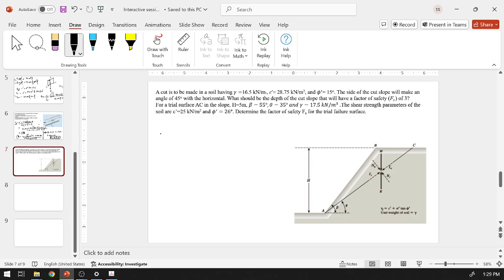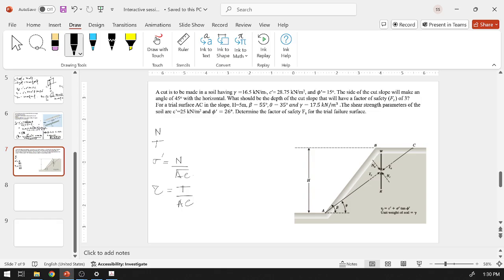Just like in the infinite slope, we calculated the normal component and the tangential component, then took sigma dash equivalent to the normal component over this length AC, and tau will be the tangential component over AC.